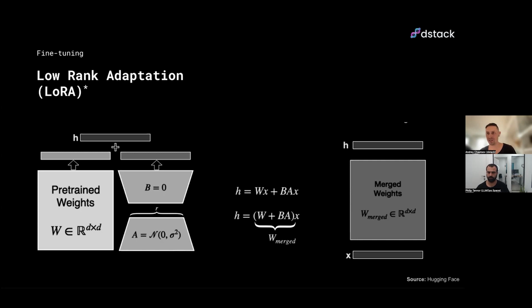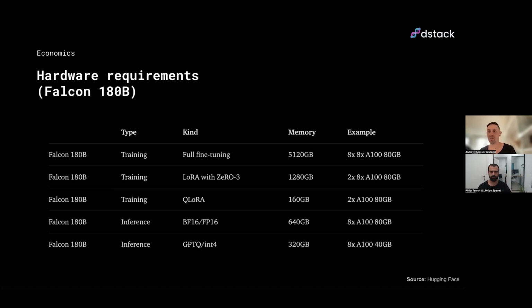Once you fine-tune using these adapted matrices, in the end you merge the frozen weights with the smaller ones you've trained, and you get a fine-tuned model which will be comparable in quality. There are a lot of studies, and some people aim for full fine-tuning, but in most cases, at least based on the data I've seen, the LoRA technique is pretty good, and as we'll see in this slide, it reduces the memory and consequently cost requirements significantly.